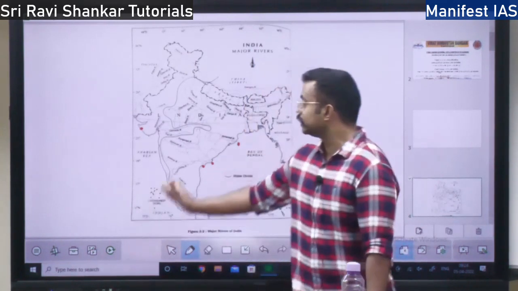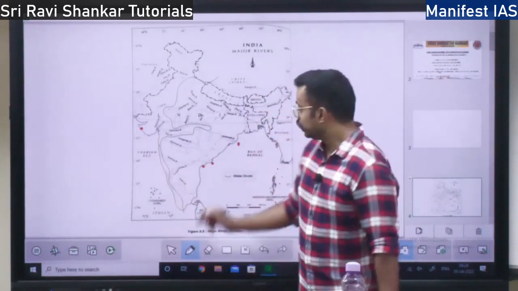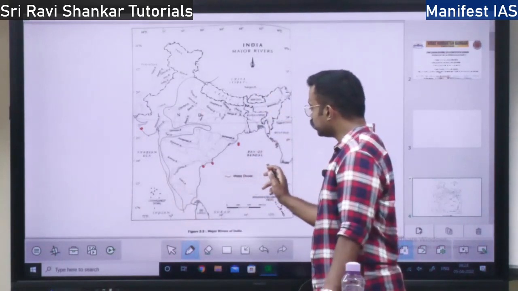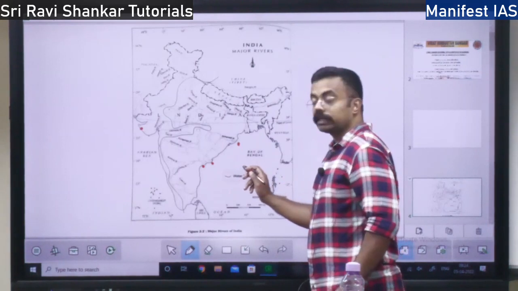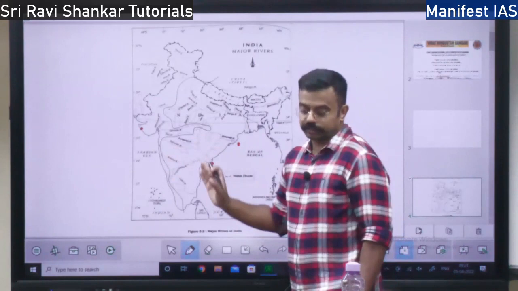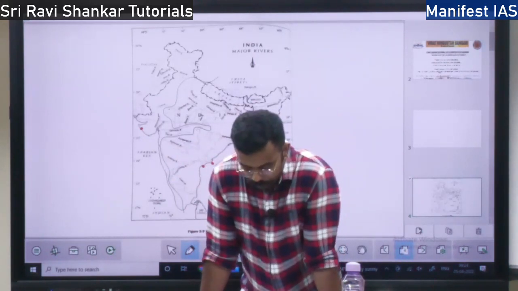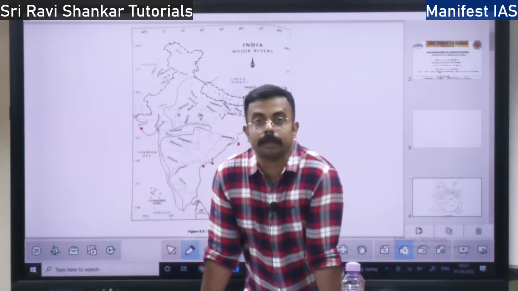Also the continental shelf is not extending, it is very less in this region, whereas here in this region, the continental shelf goes up to 500 kilometers. So you don't find any delta, and it is a narrow belt.